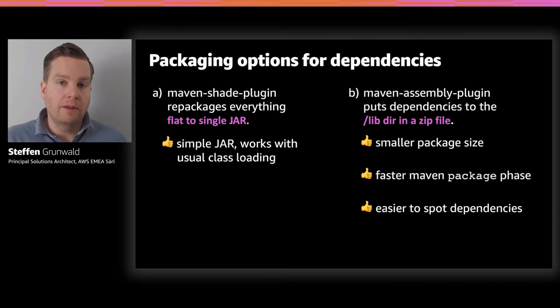But the best benefit here is that you can easily track and inspect why your zip is so big. So you can go to the zip and look at the dependencies and the transitive dependencies, and maybe one of them sneaked in, so you can easily find out why this zip has become so big since the last build.